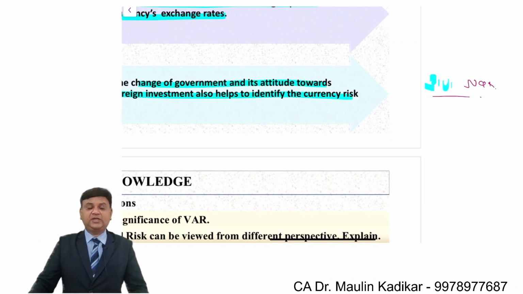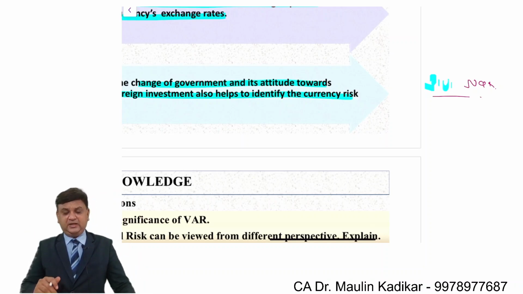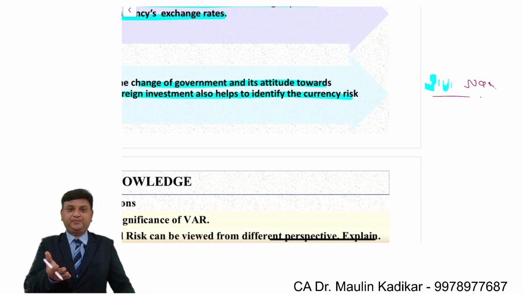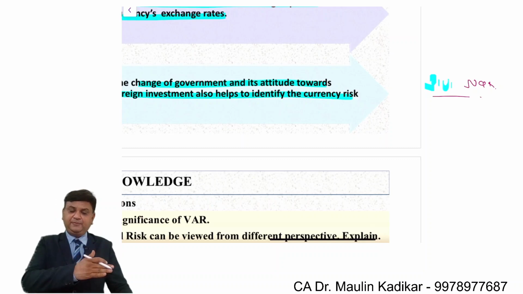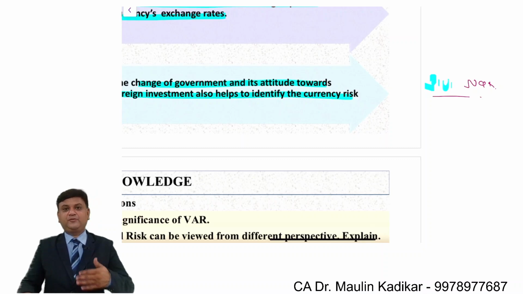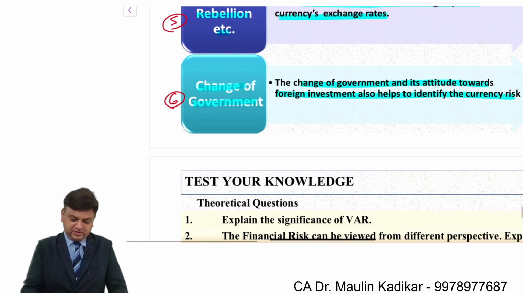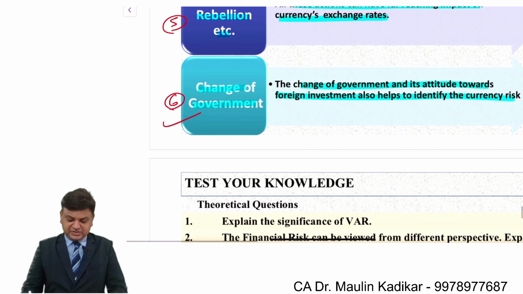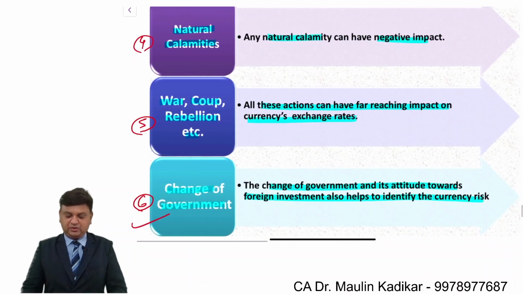Since then it was allowed that you can come to India to do business. Whatever government policy was changed since then has an impact even today. Of course, initially it was not so open, but that was the starting point. So whatever government action is like this, it will have an impact on the currency exchange rate.